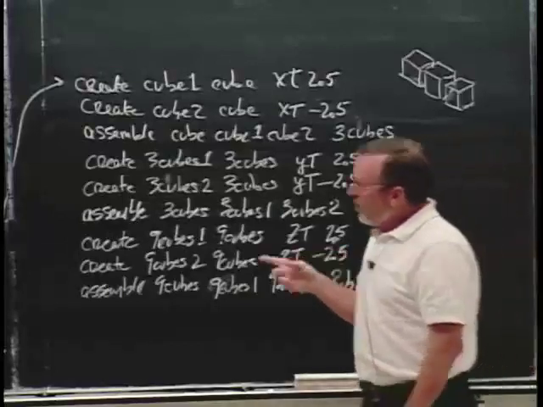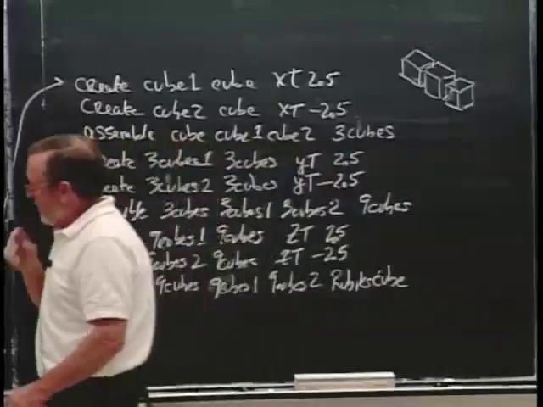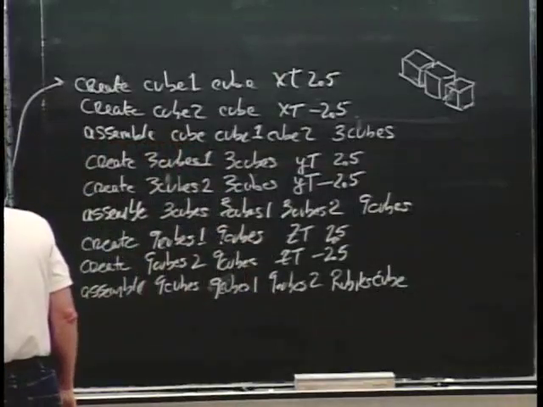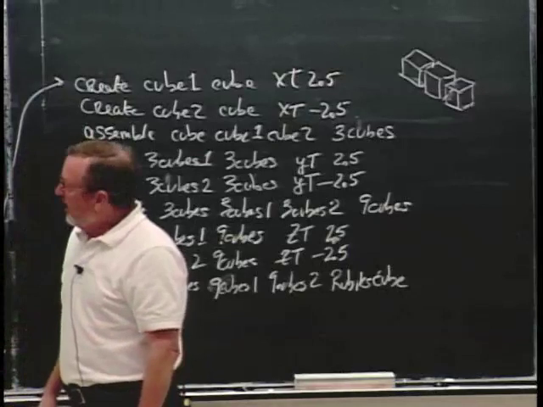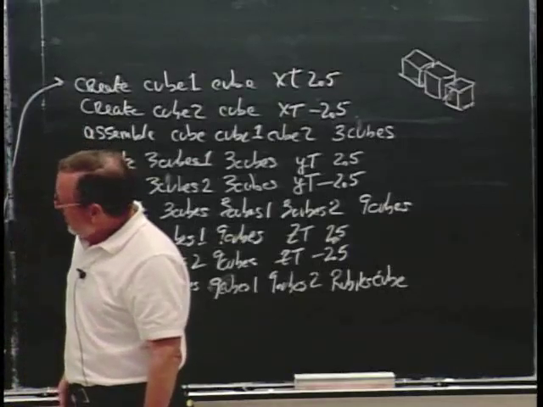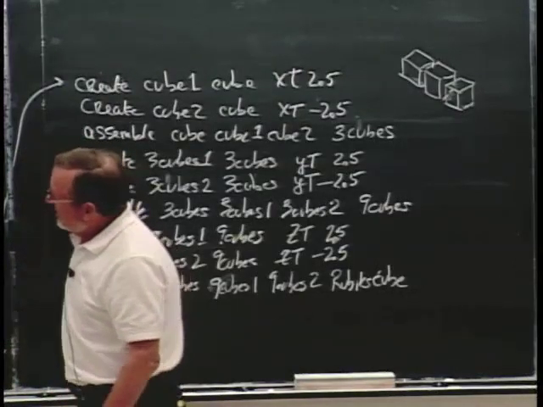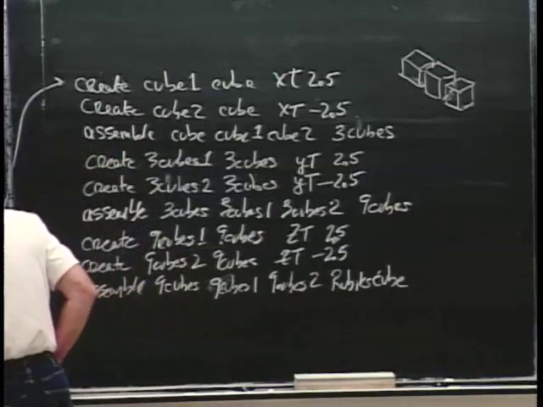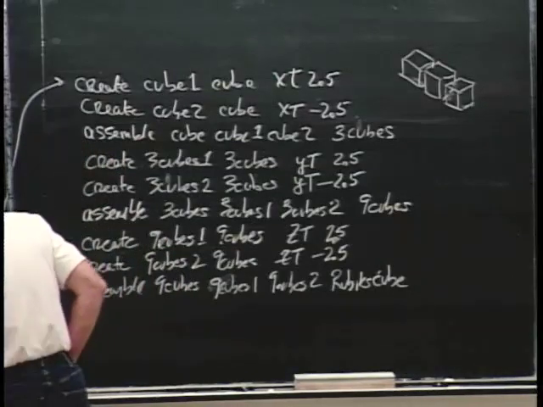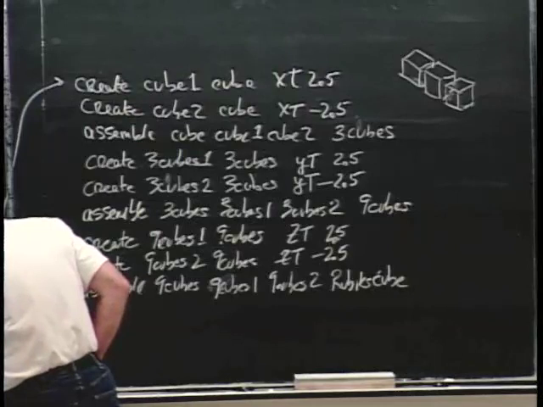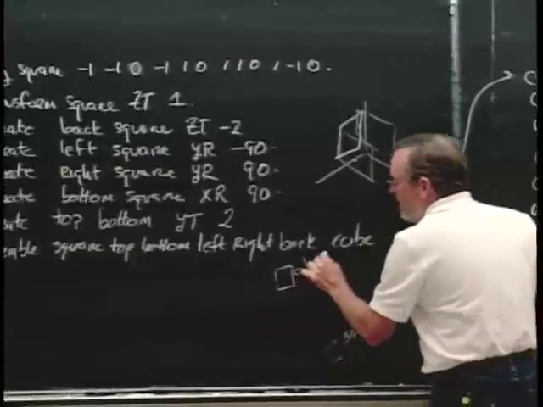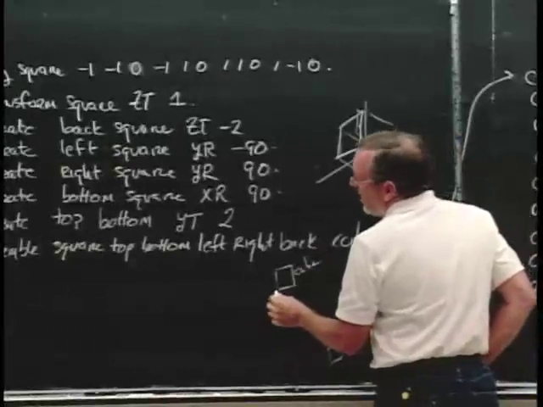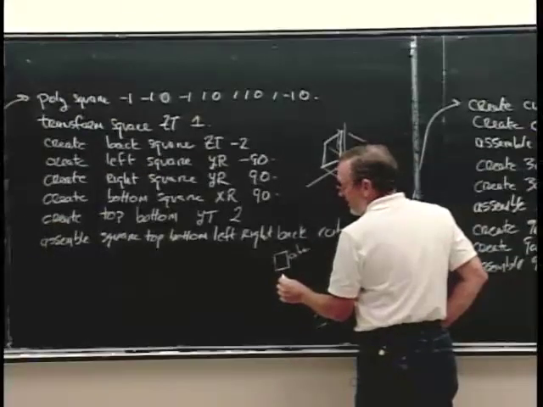Now if I go back here to this other blackboard, you can kind of see that up here, cube has some things underneath it. Here's cube, and then I have back, left, right, bottom.